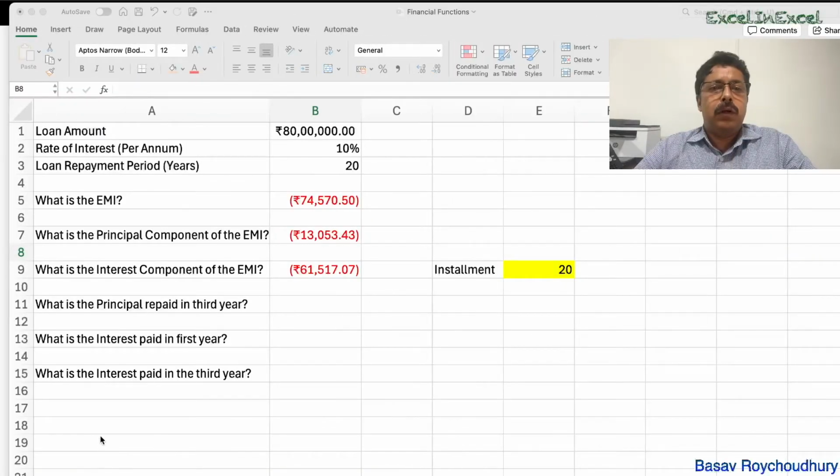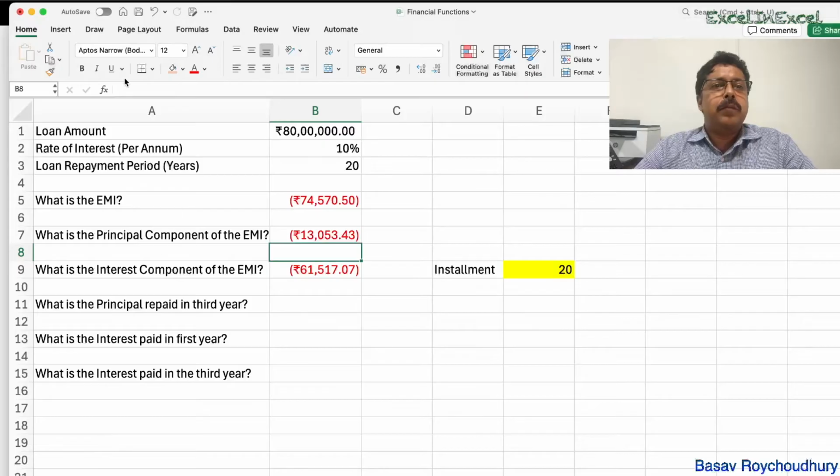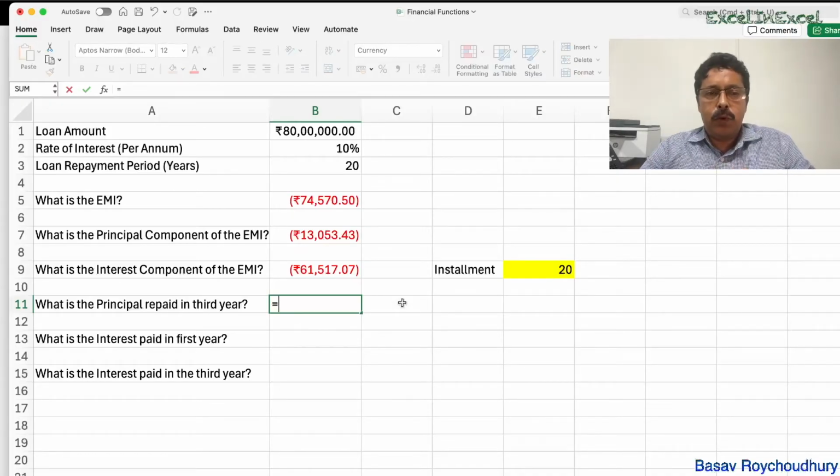So now we can see that we are asking this question: what is the principal repaid in the third year? So the principal repaid in the third year would be cumulative principal, because the third year means 12 EMIs, so cumulative of that.